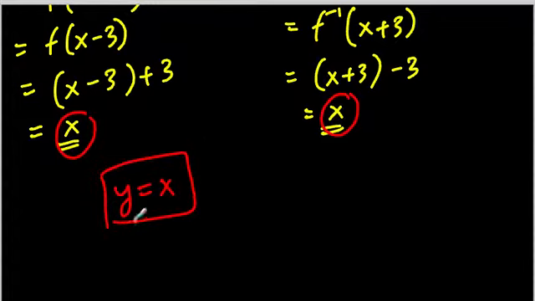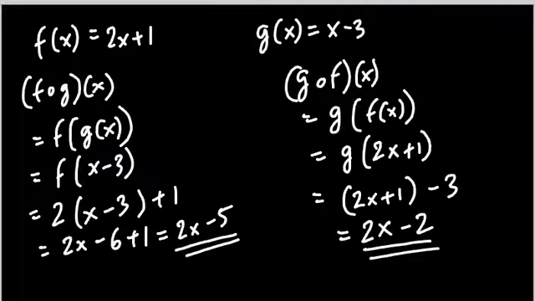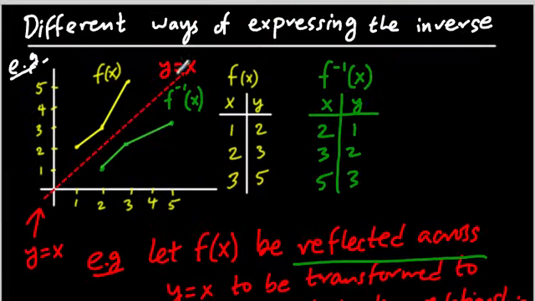We are familiar with this notation because we've seen it before. I'm going to go back a few slides. If you recall this graph from before, where I had a function and then an inverse function, we showed that the inverse function was a reflection across the line y equals x.